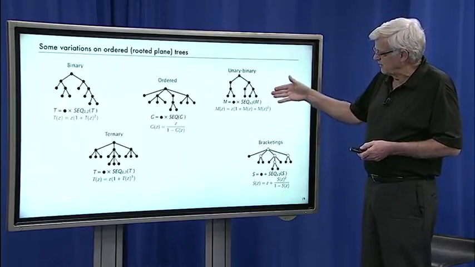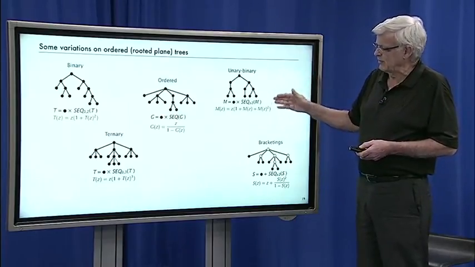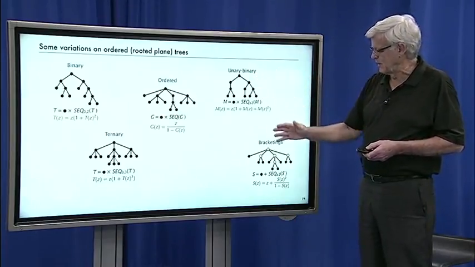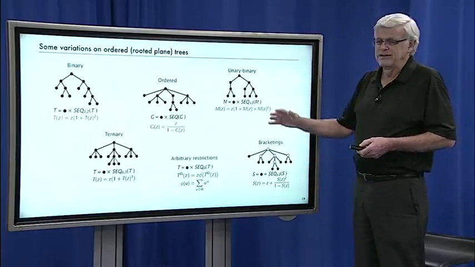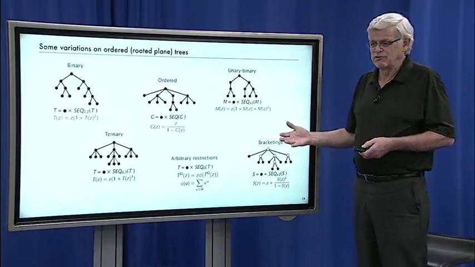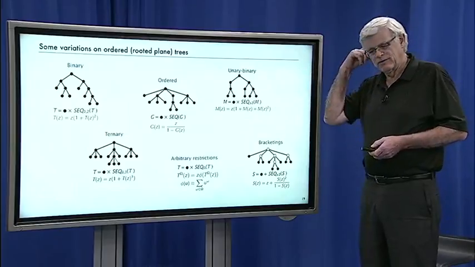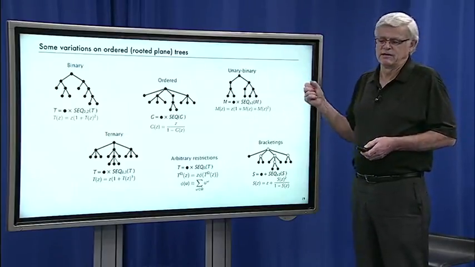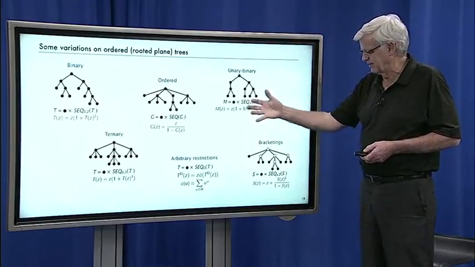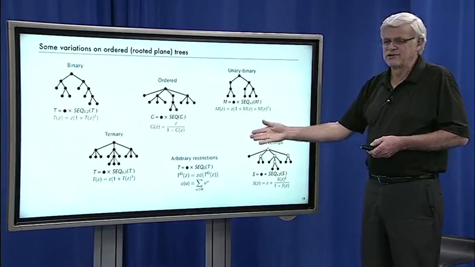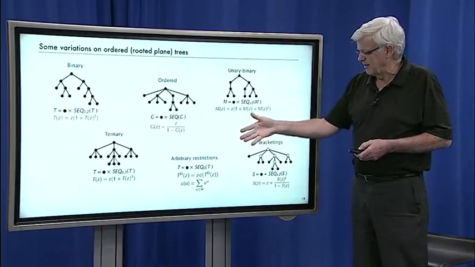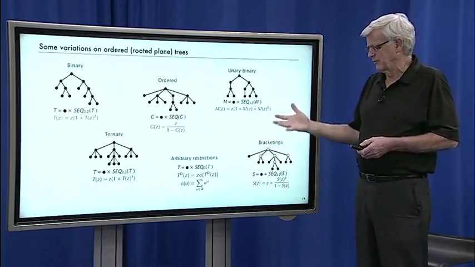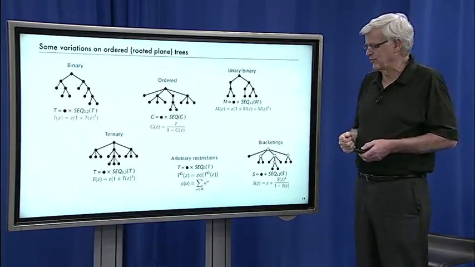And again, each one of these equations immediately translates to a generating function equation, and they're all different. In fact, you can have arbitrary restrictions on how many children a node can have, and for any set you can get a generating function equation that describes the trees that have those kinds of restrictions.